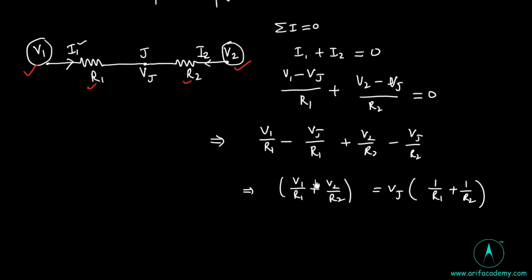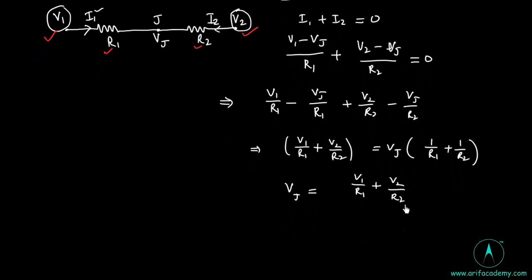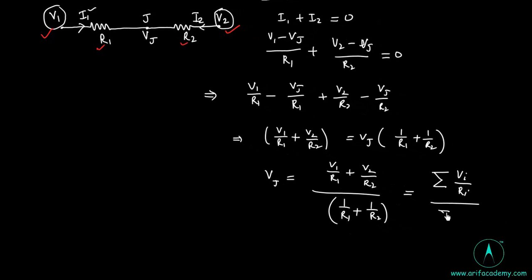So Vj, the potential of the junction, is equal to (V1 by R1 plus V2 by R2) upon (1 upon R1 plus 1 upon R2). This can be written as summation of Vi by Ri upon summation of 1 upon Ri.